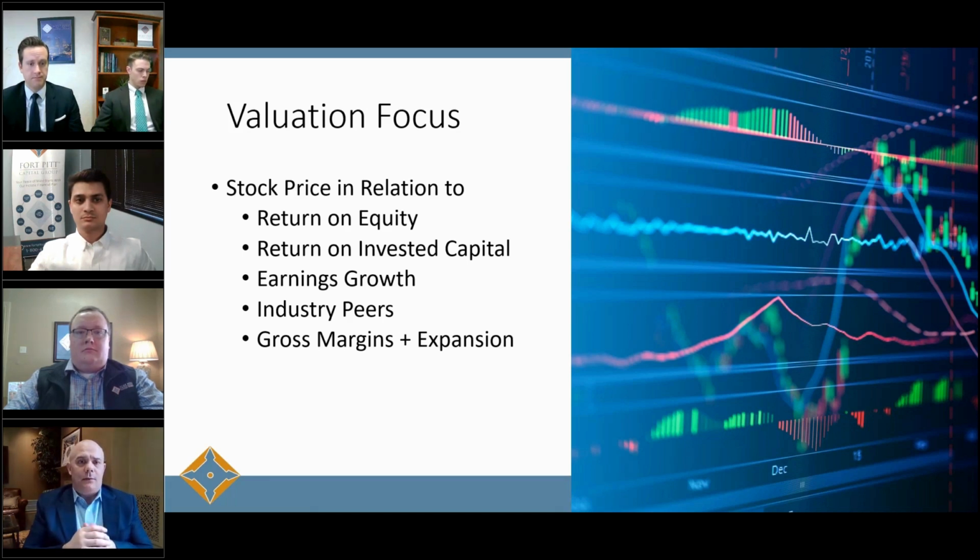So just at a real high level, an example would be, if we determine that a stock is fundamentally worth $50 a share and we have the opportunity to buy it below that level, say at $45 a share, that gives us the margin of safety that we're looking at, in that we're able to buy a stock at a discount to its fair value. And we view that margin of safety as a way to tilt the probabilities of success in our favor.